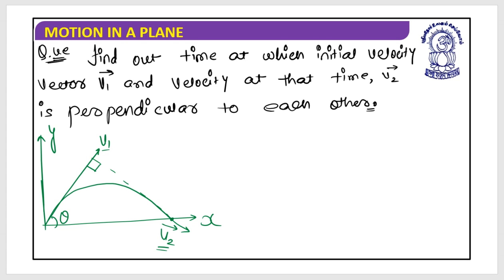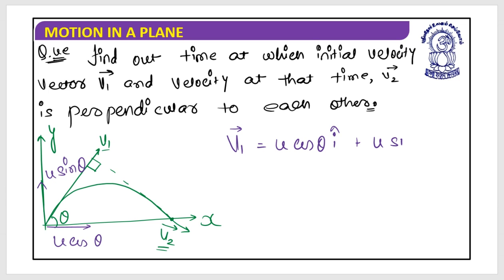Yes, let me guide you. First, write down the velocity vector v1. Its horizontal component is u cos theta, and its vertical component is u sin theta. So v1 = u cos theta i cap + u sin theta j cap.